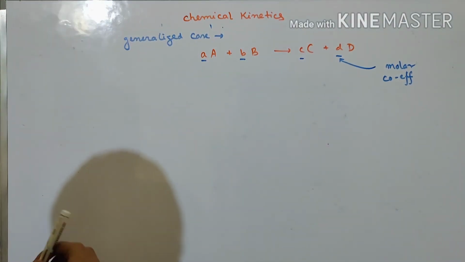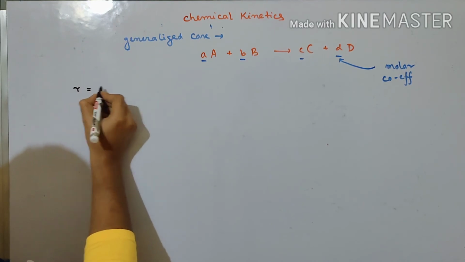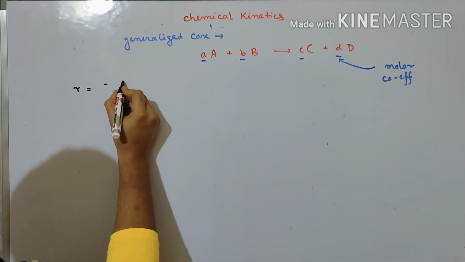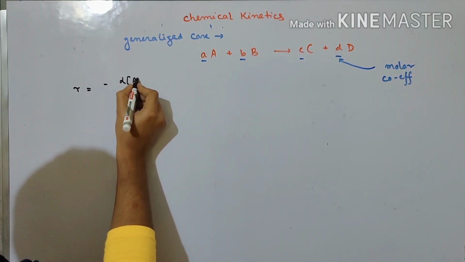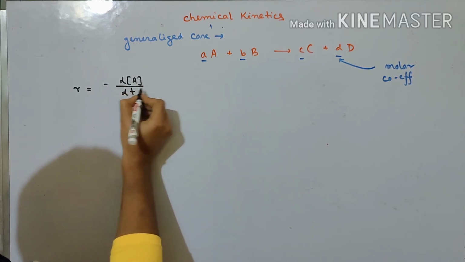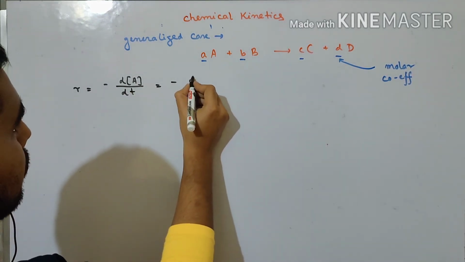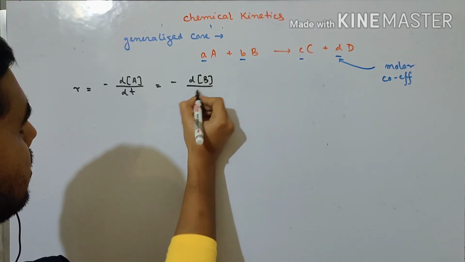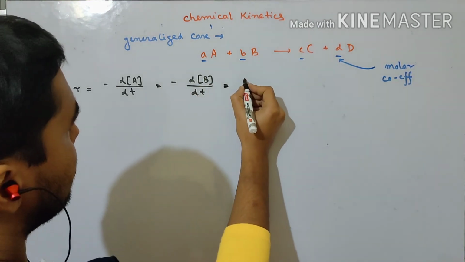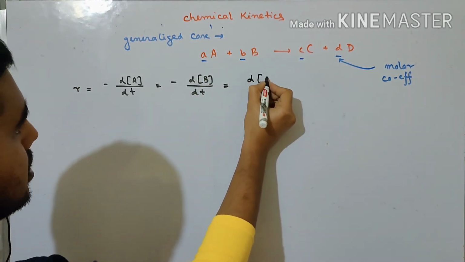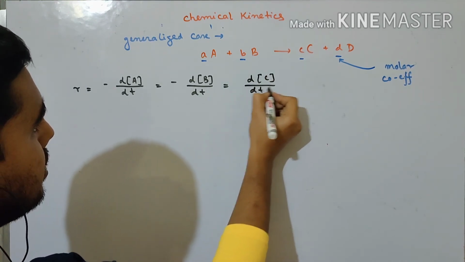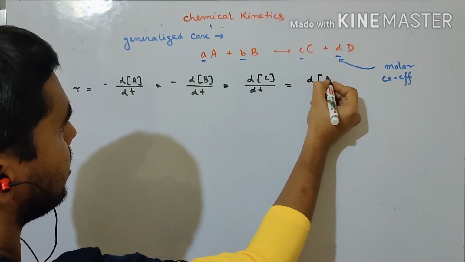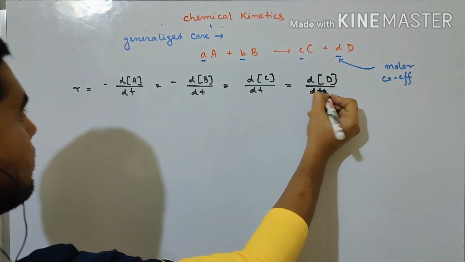Now, if we want to write down the instantaneous rate, it should be minus of d of A by dt is equal to minus of d of B by dt is equal to d of C by dt is equal to d of D by dt.